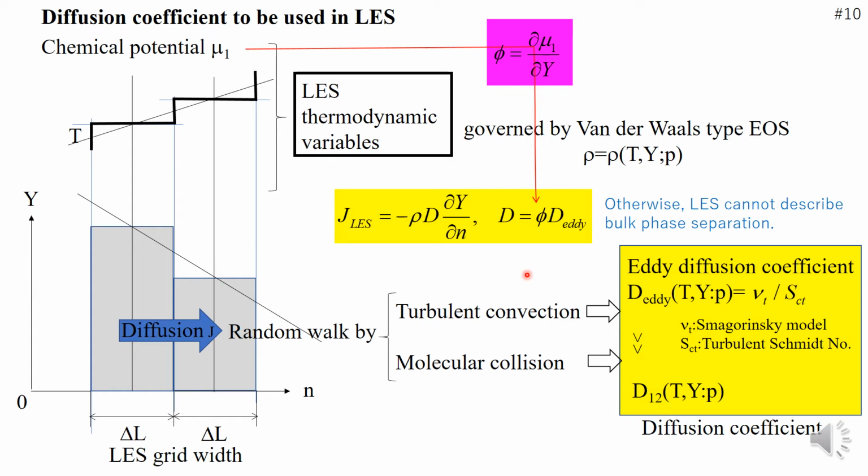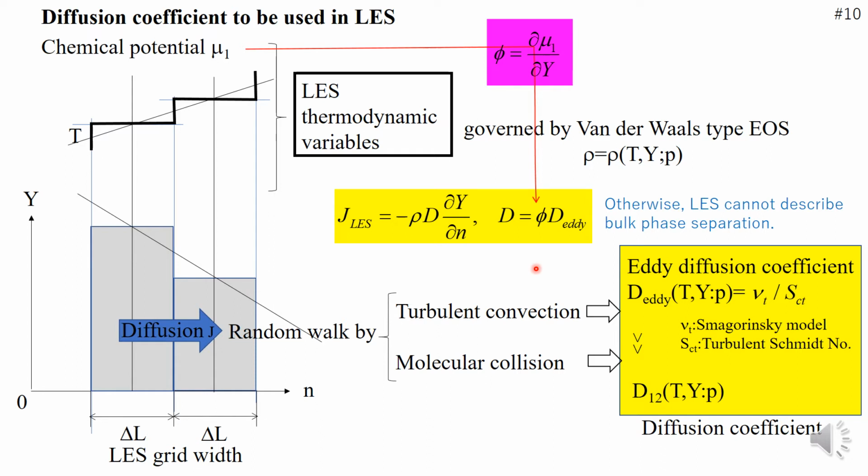The governing equations of current LES are the fluid dynamic differential equations supplemented with the van der Waals type equation of state and physical properties correlation equations. The physical properties are a function of thermodynamic variables used in the equation of state.